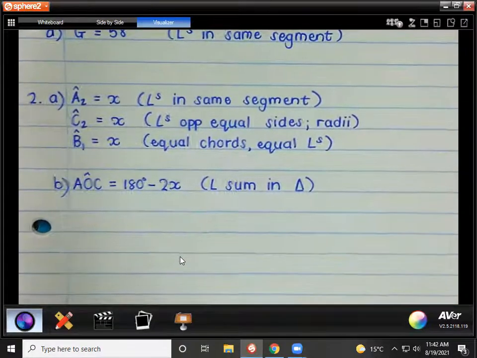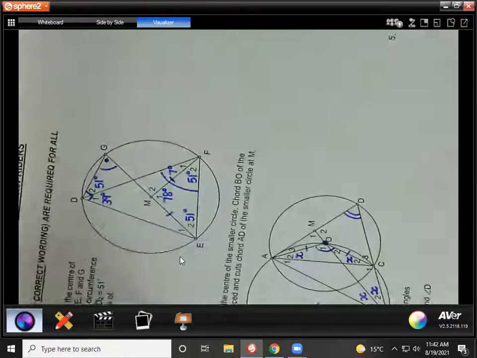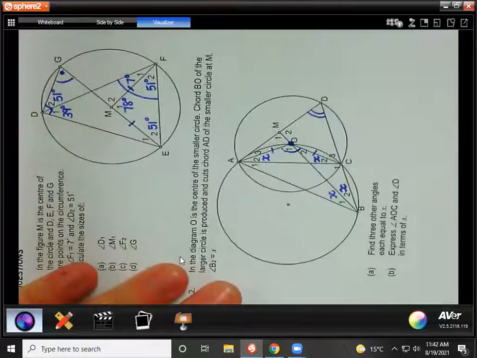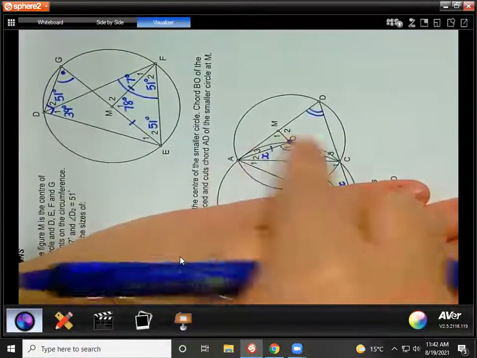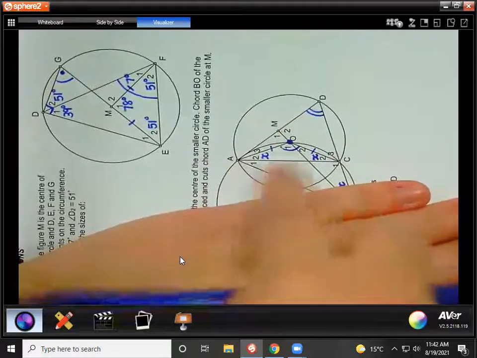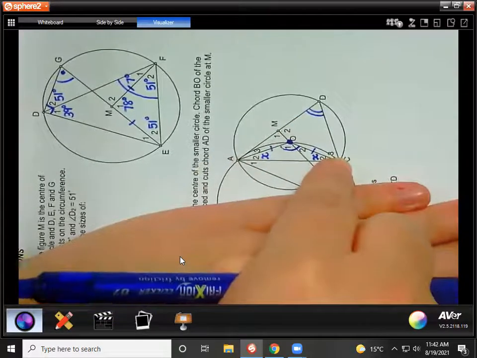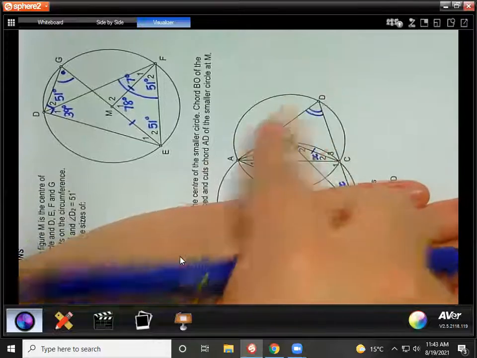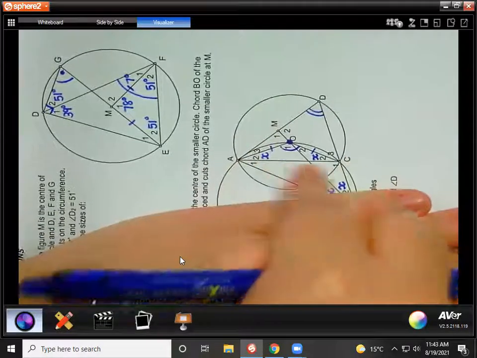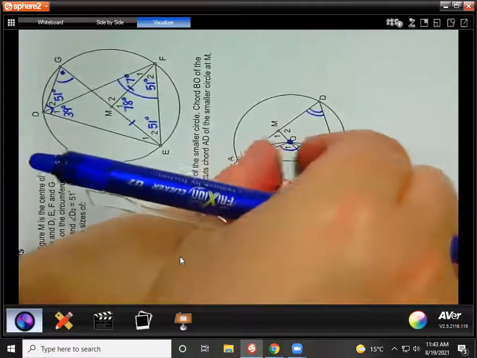Okay, now they want angle D as well. I'm just going to turn the page like this. I don't know if that will help. Okay, we're just looking at the small circle. AOC is subtended by AC. Now they want us to write D in terms of x as well. Can we see that D is subtended by the same chord? Also by AC, right?